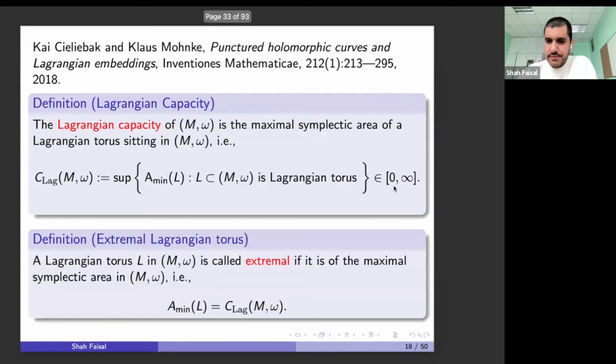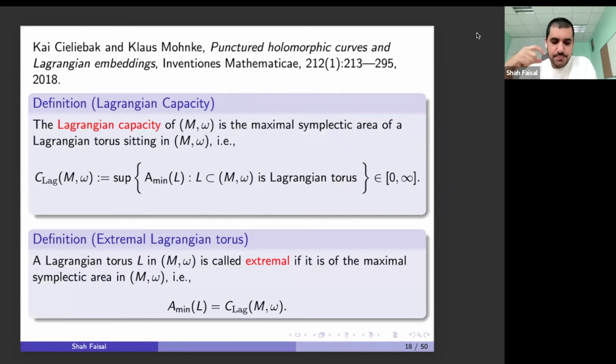A Lagrangian torus is called extremal if its symplectic area is maximal, so it equals the Lagrangian capacity. One can ask whether a given symplectic manifold contains an extremal torus. It's not very clear to me.